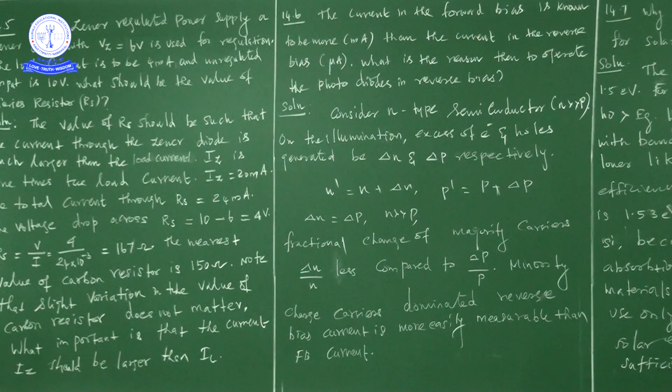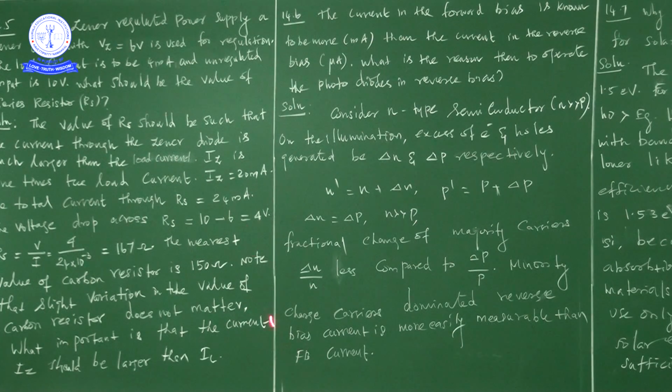If we want to calculate the total number of electrons or holes after the illumination, consider that initially we are taking the N-type semiconductor. Initially we have an excess number of electrons over holes. This is the basic property of the N-type semiconductor, which you already know. While the light is illuminated, excess electrons and holes are created.